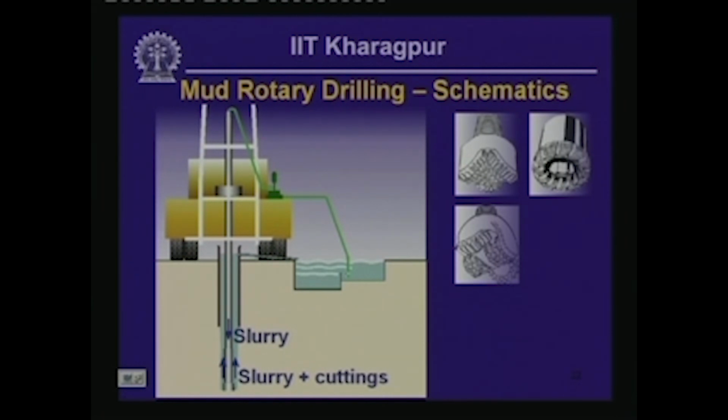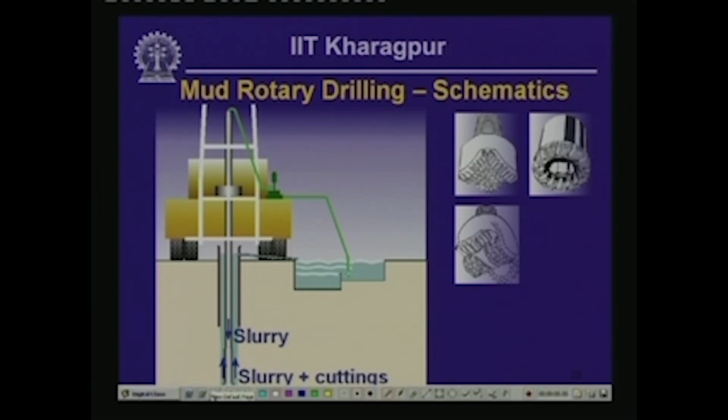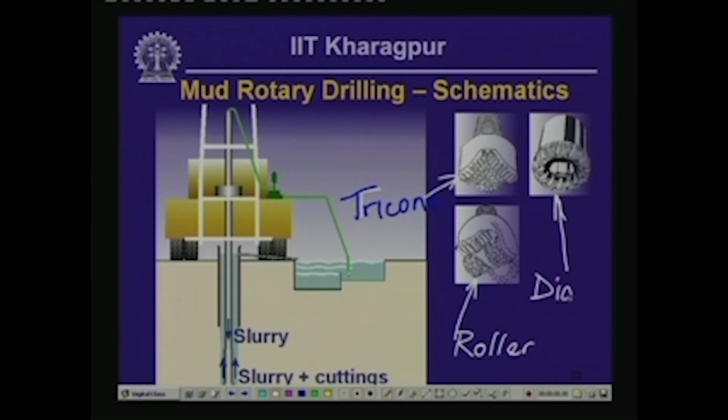The drill bit on the top left is called a tricone bit. This drill bit is a roller bit. This here is a tricone bit, and the one on the right is a diamond bit, which can be used in drilling core samples.